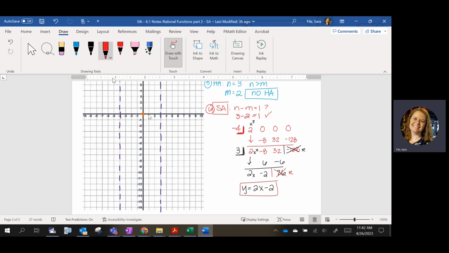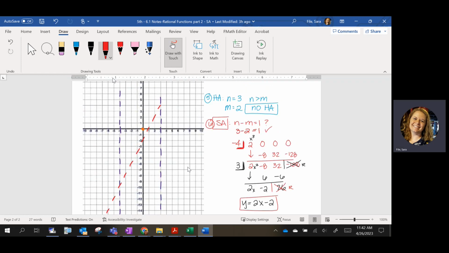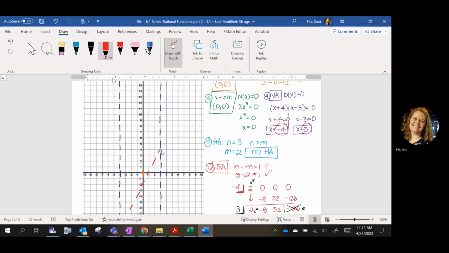So rise to run 1, or fall to left 1, down to left 1. Okay, but you can see where that slant asymptote should be. We'll continue it up here. Rise to run 1.